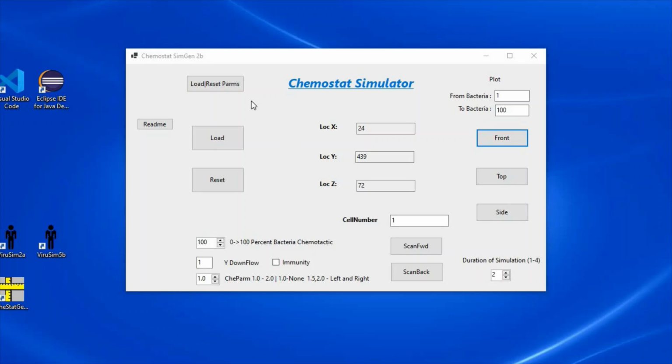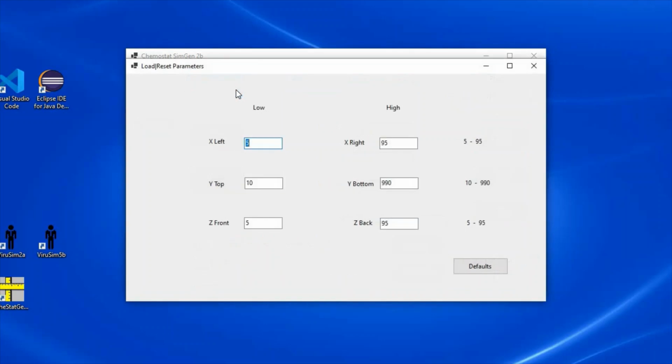There's one thing I didn't show you. It is in your simulation guide. Load and reset parameters. You can get it so that your bacteria initially will be within this range from left to right. It's 5 to 95, and you have here 5 to 95, and then Y and Z. So you can change this if you want.